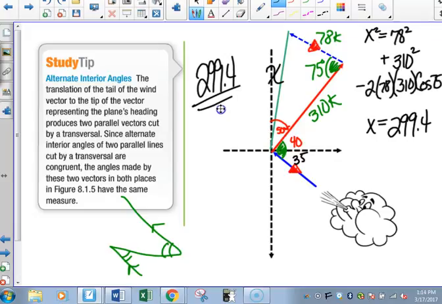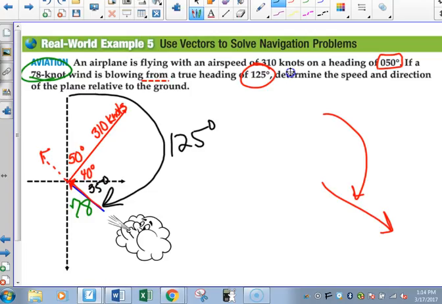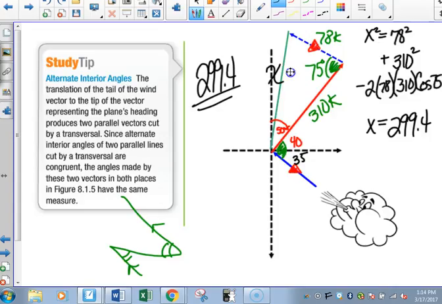The other thing it wants to know is the direction of the plane relative. It says relative to the ground, but that's not really what they did. They did a bearing. I guess that's what they called it. But we need to find this little angle in here.